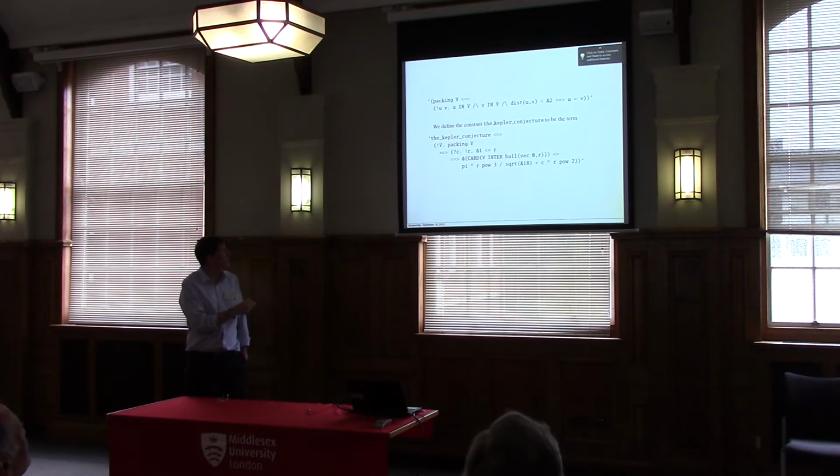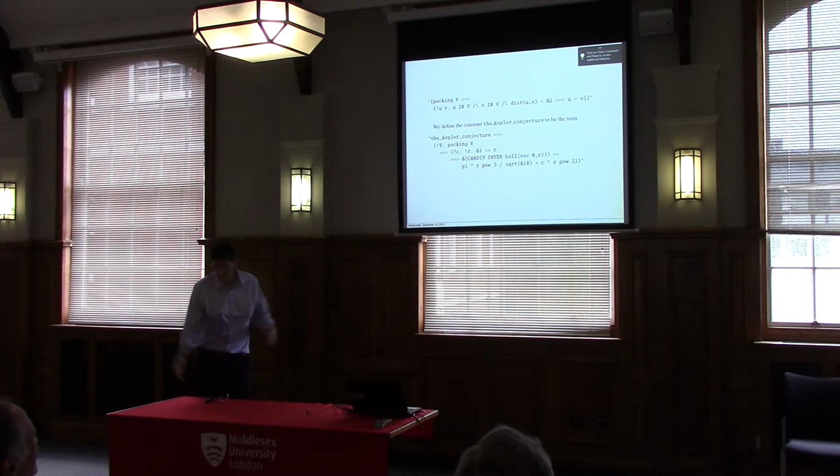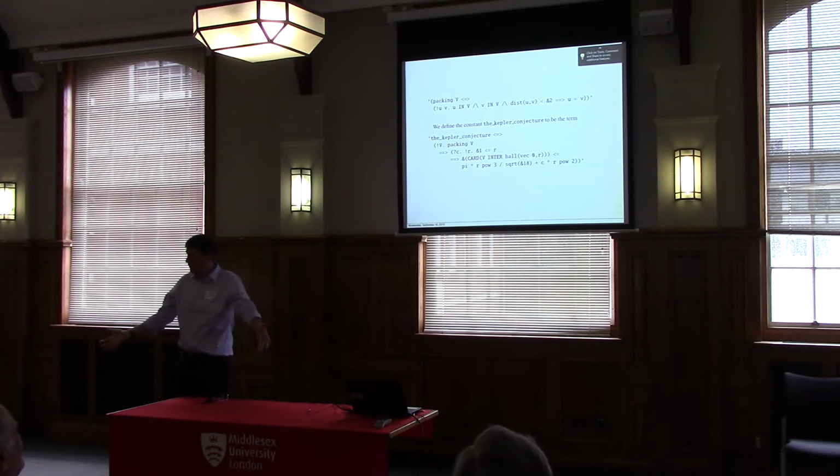And then here's the statement of the Kepler conjecture. It says for every packing, there exists a constant used in the error term, such that for every R, we consider a packing inside some finite container and count the number of sphere centers.